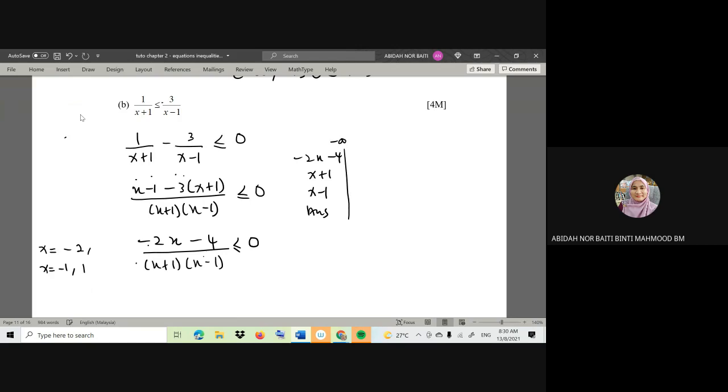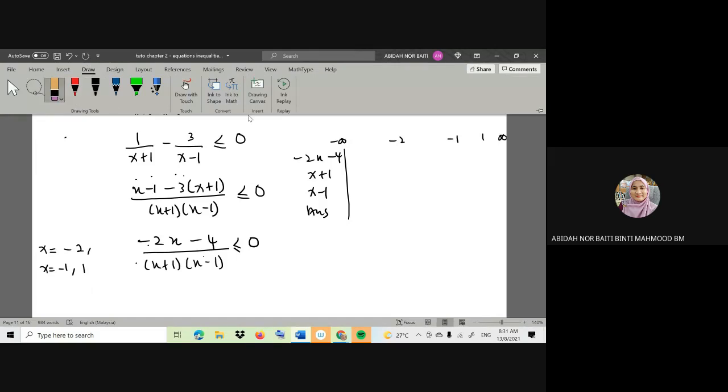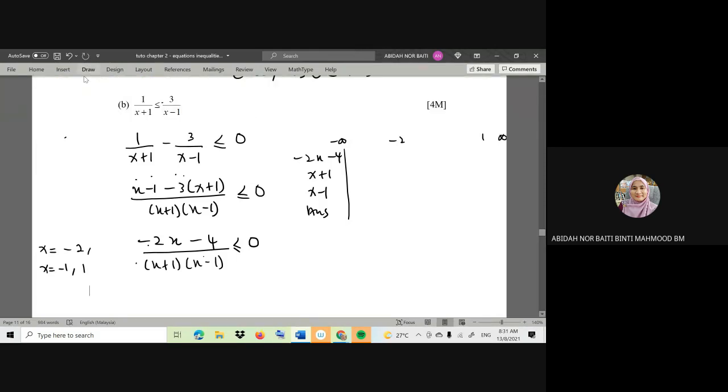We start from negative infinity, negative 2, negative 1, 1, and positive infinity. So here is negative 1. Now we put all the signs.